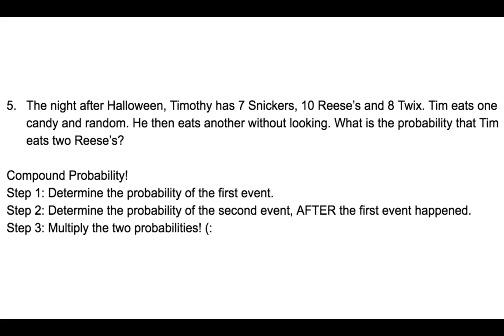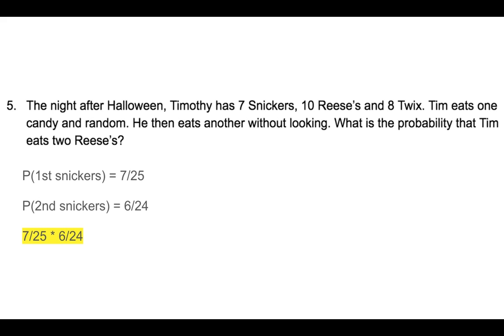All right. So I'll give you guys another chance to try it out on your own. This is what we're looking for. So the probability of the first event is that the probability he eats his first Snickers is going to be 7 out of 25. It's 7 because that's how many Snickers there were. 25 because 7 plus 10 is 17. 17 plus 8, 25. So that's my part over the whole.